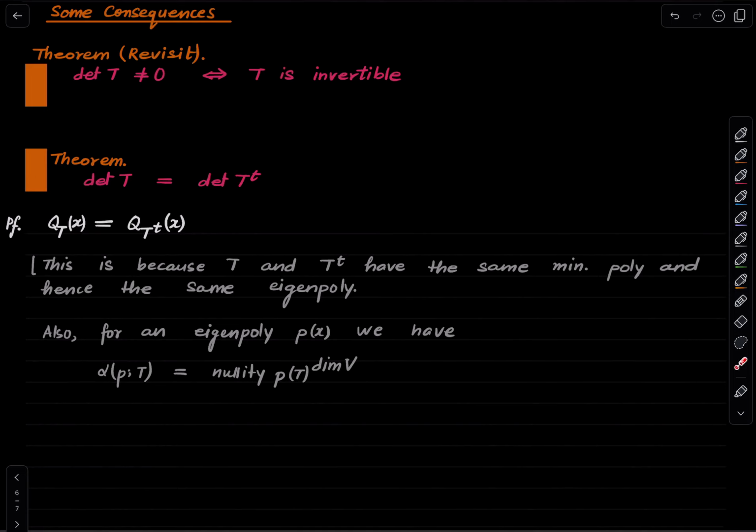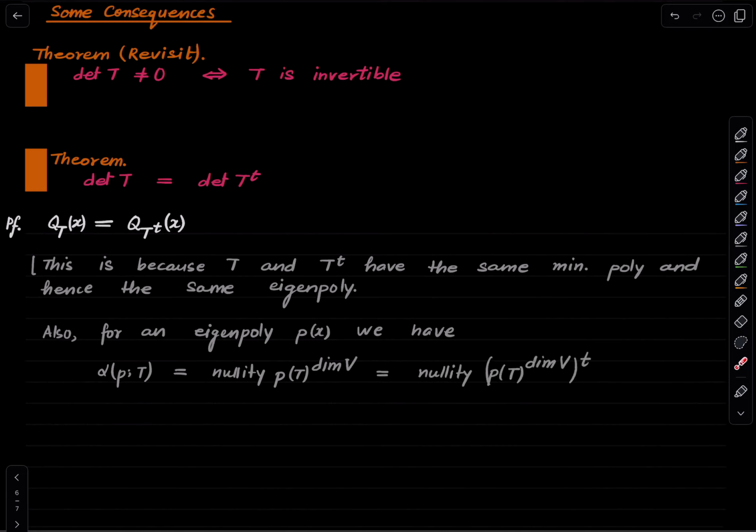And by nullity, we just mean the dimension of the kernel of this. So the algebraic multiplicity of p with respect to t is this nullity, but the dimension of the kernel will not change even if we take the transpose. So that much you should know about the transpose of an endomorphism.